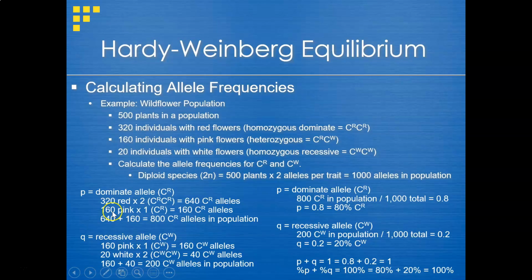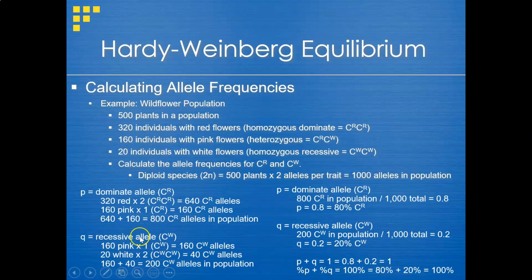And so for 160 pink, they have a single copy of the dominant allele. So they are contributing 160 dominant alleles to the population. If I look at those dominants, that means I've got 640 for my homozygous dominant, 160 for my heterozygous. As a result, 800 alleles in that population are dominant.